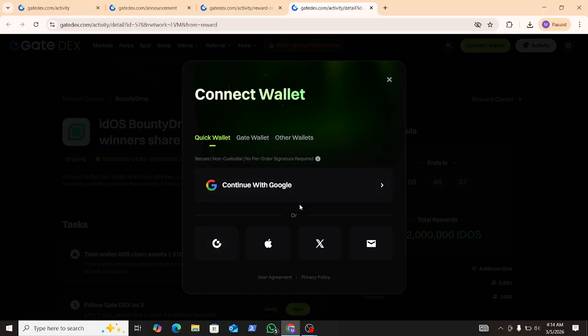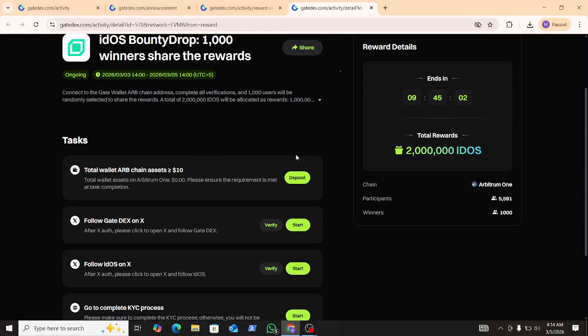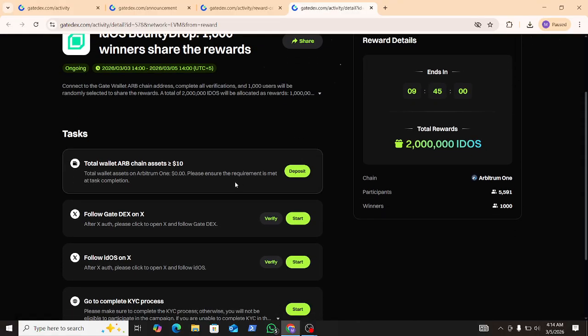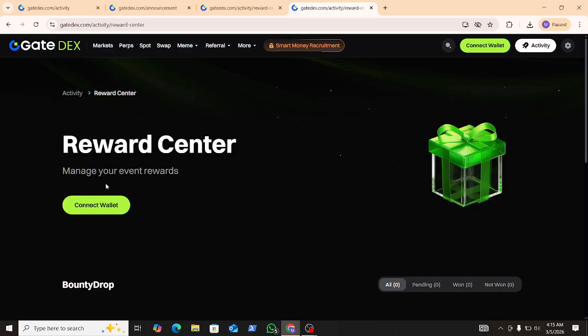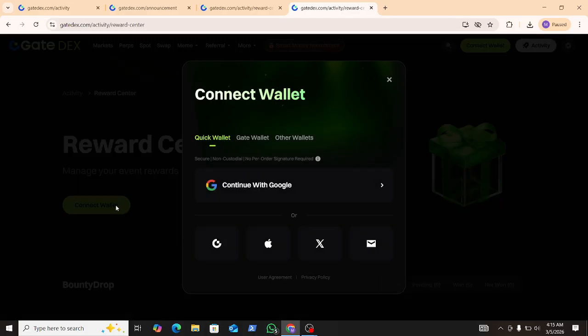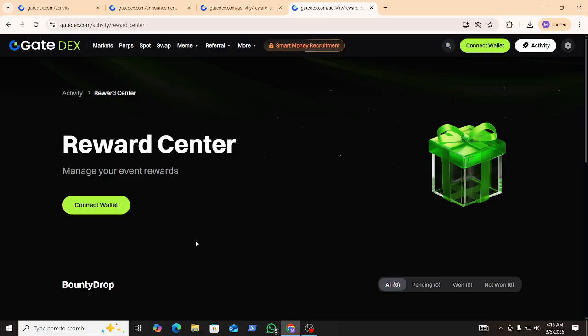So plenty of options in your hand. Quick wallet, Gate wallet. Here your Gate wallet extension comes, and download the app here. You can connect with them. There are plenty of candy drops.